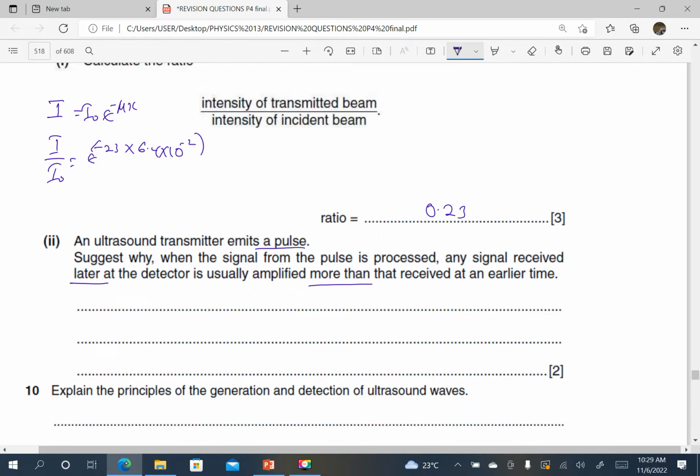Of course, a signal which is received later means it went deeper and was reflected from a boundary which is deeper. Therefore, it will have a higher time delay. And since it has gone deeper, it has experienced a greater attenuation than the signal which is received earlier. Therefore, the later signal has passed through a greater thickness.